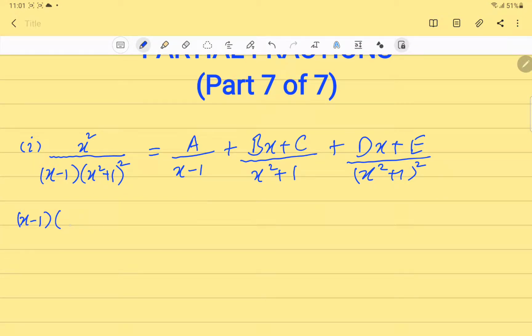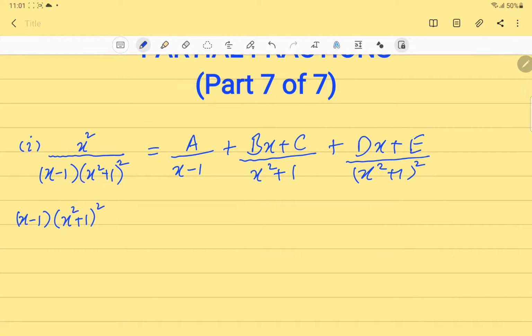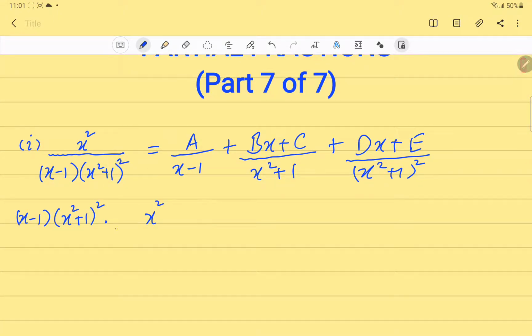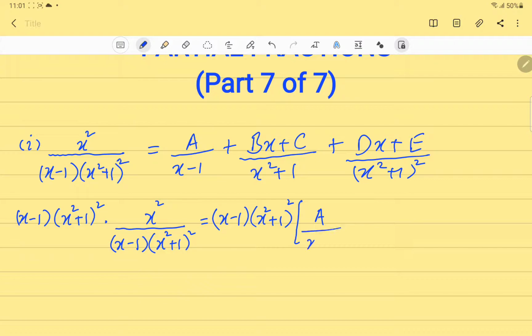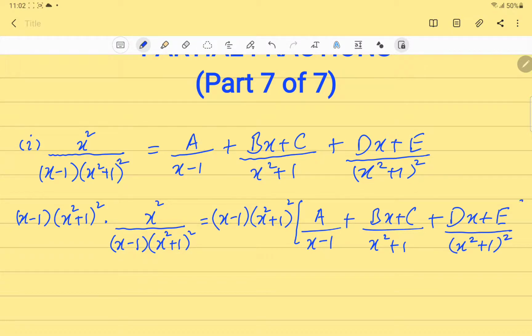x minus 1 into x squared plus 1 whole squared, times x squared over x minus 1 into x squared plus 1 whole squared, is equal to x minus 1 into x squared plus 1 whole square into, in brackets, a over x minus 1 plus bx plus c over x squared plus 1 plus dx plus e over x squared plus 1 whole square.